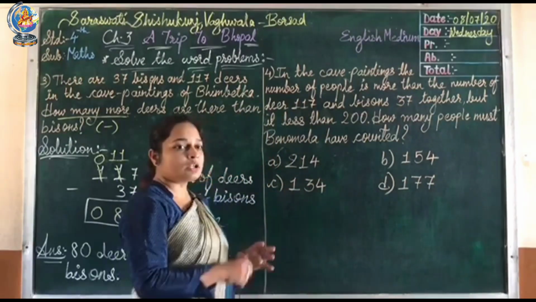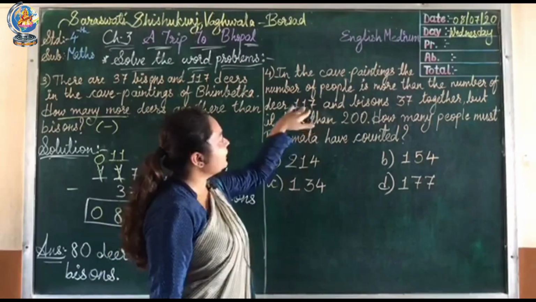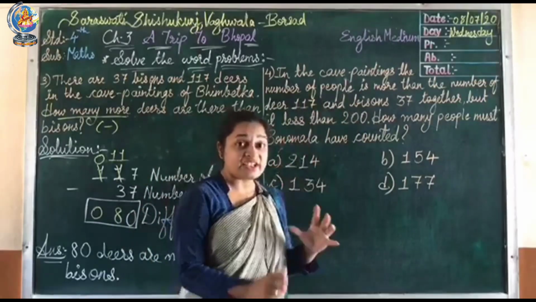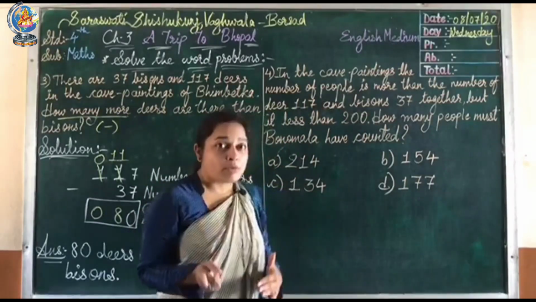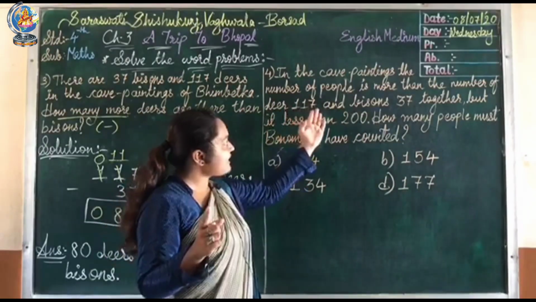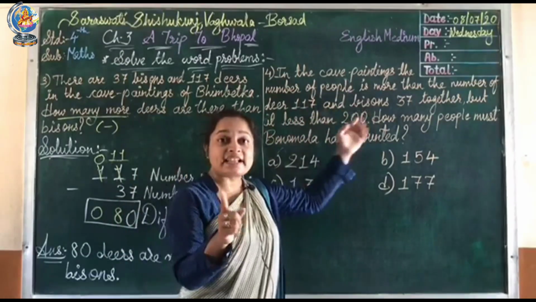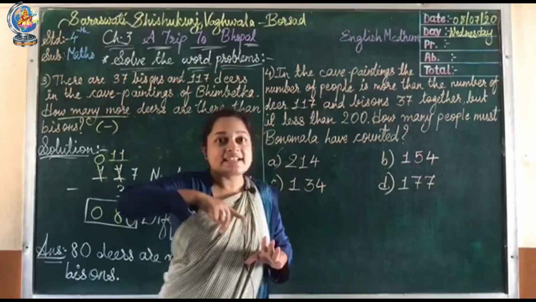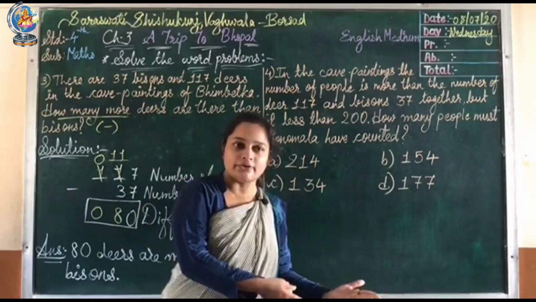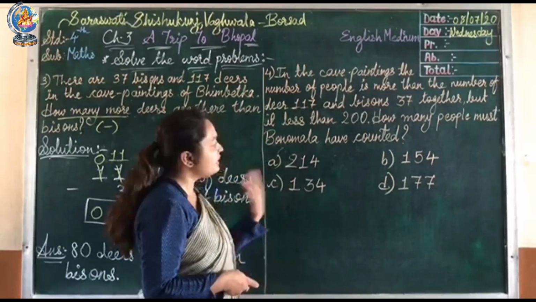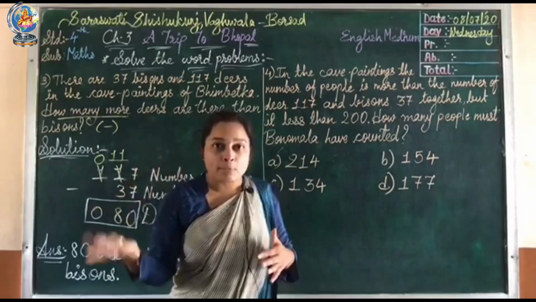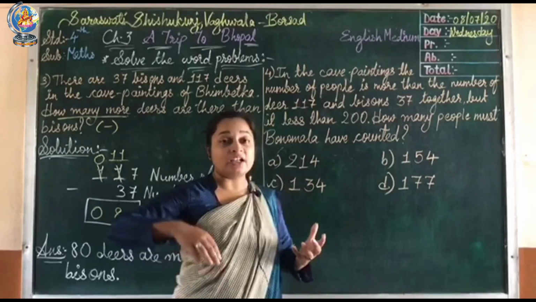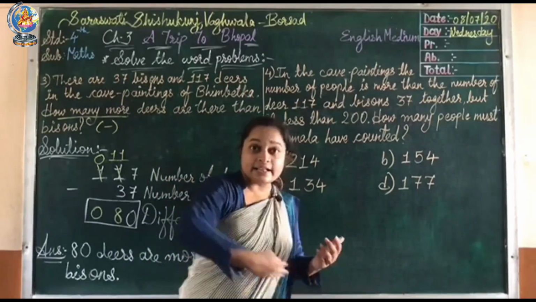Here we have to see more than the number of deer 117 and bisons 37 together means addition, okay, but it's less than 200. So here the answer will be more than the addition of 117 and 37 and less than 200.